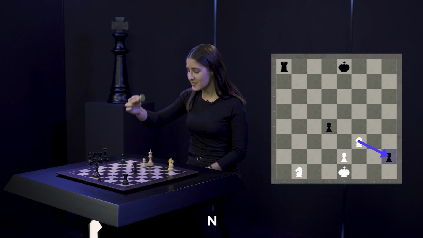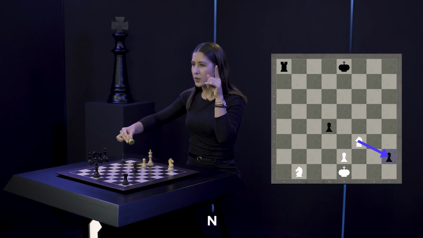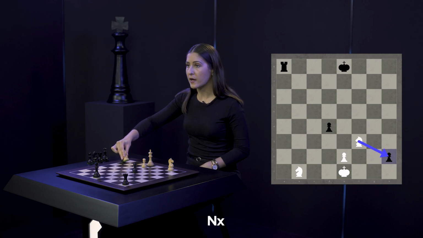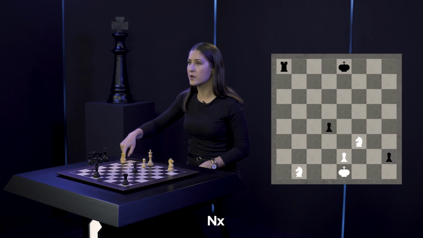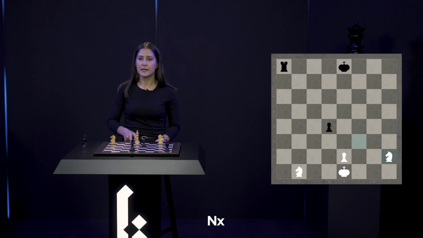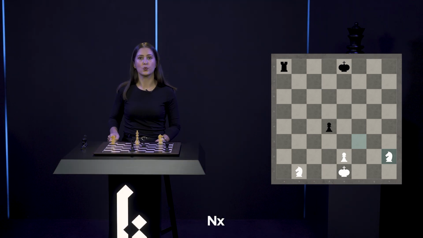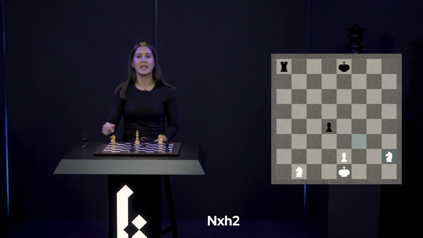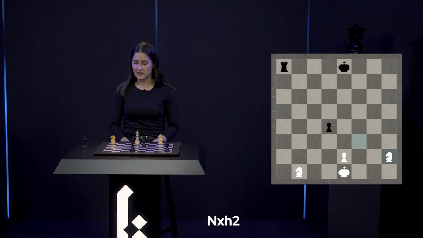Then as the knight is capturing the pawn, you will write the X. And then you will add the square where the knight is going. In this case, it is the square H2. So you will just write N X H2. You will read it as knight takes H2.